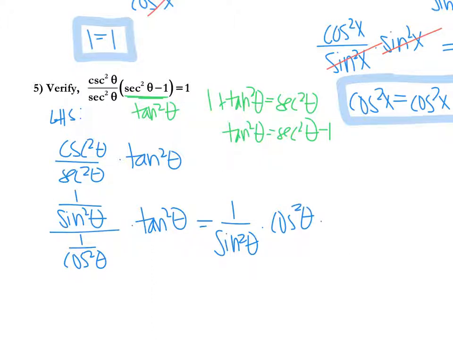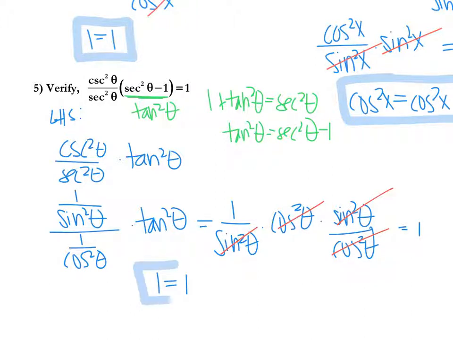So tangent squared is the same thing as sine squared over cosine squared. Okay, and remember that when you cancel, the ratio has to be 1 to 1. So 1 in the numerator, 1 in the denominator, and voila, equals 1. And I have my verification statement.